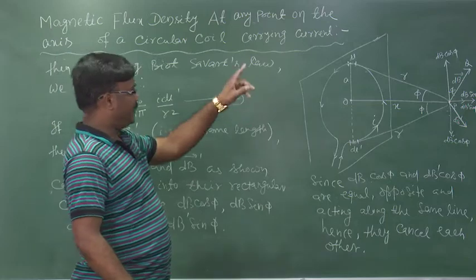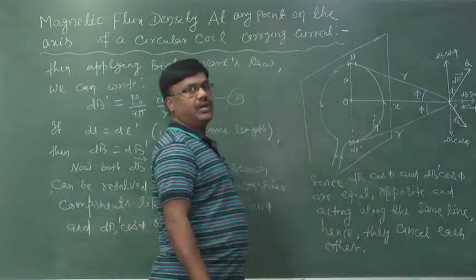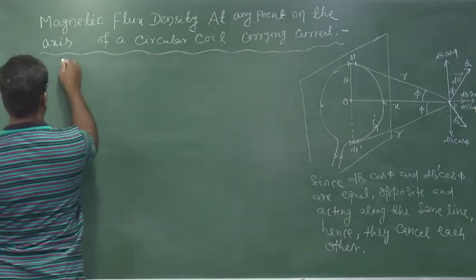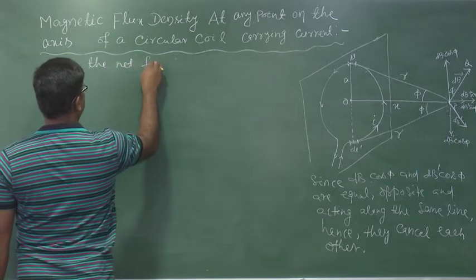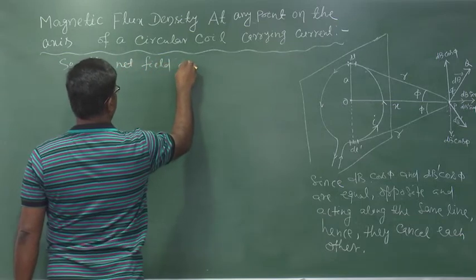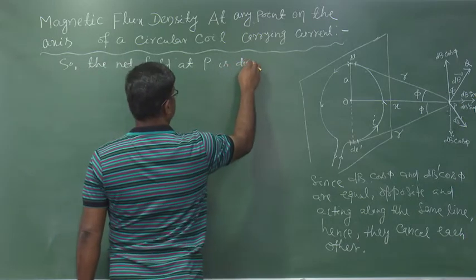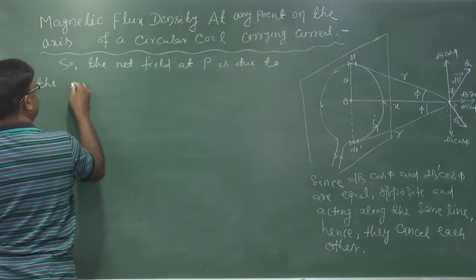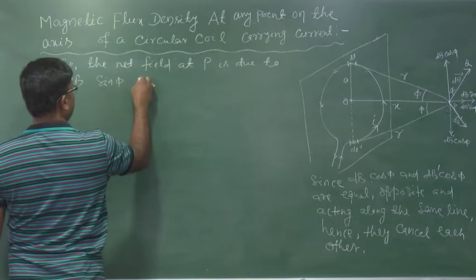So, the net field at P is due to the dB sin phi component.